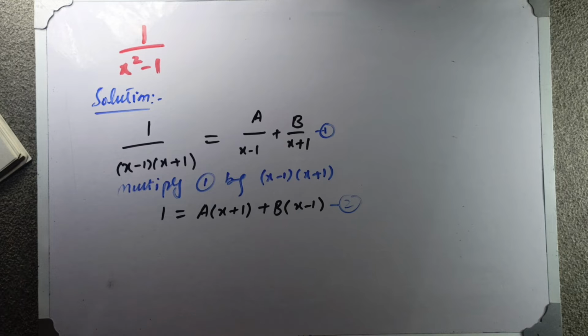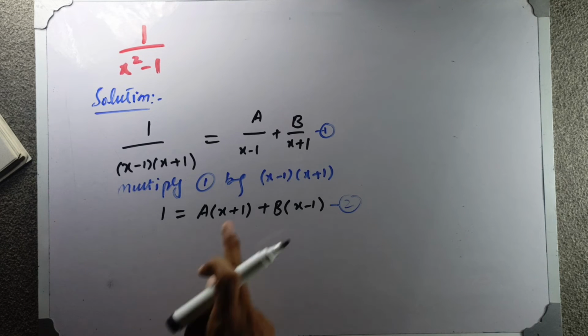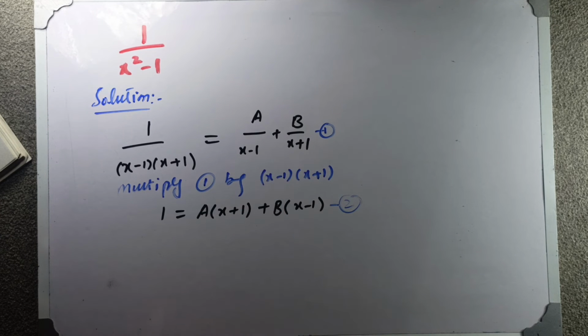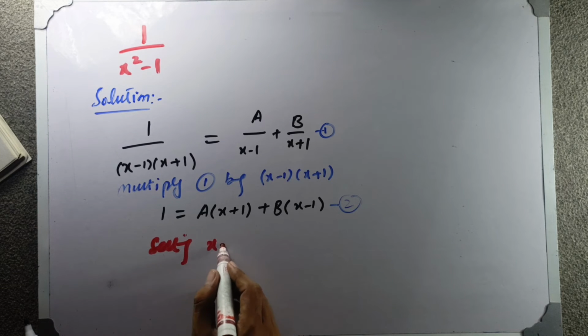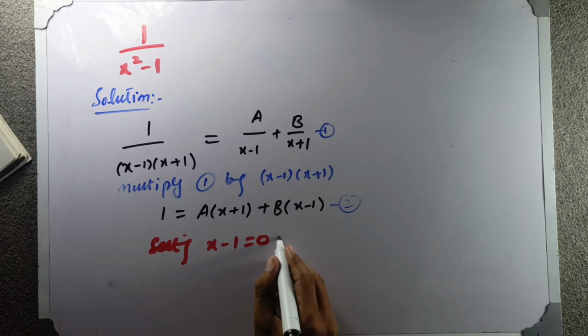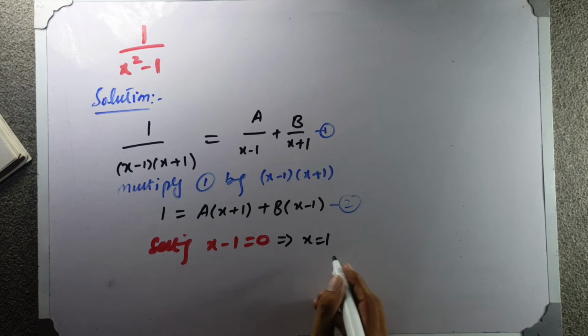Now what we have to do is set each denominator factor equal to 0. So setting x minus 1 equal to 0 will give x is equal to 1.